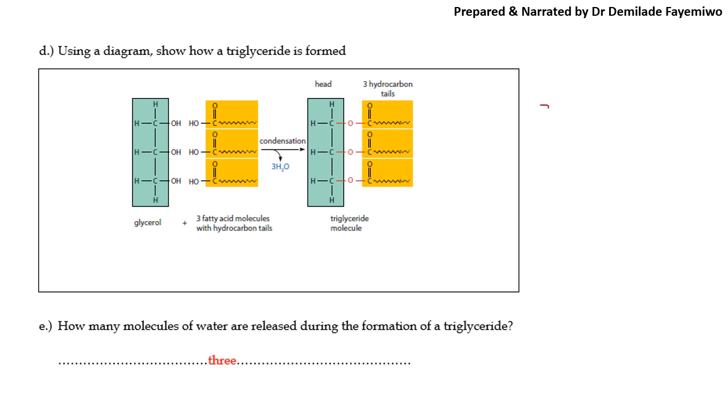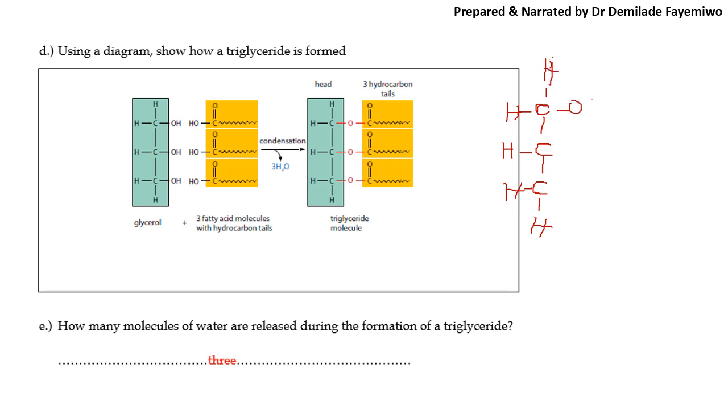So first of all, always remember that the alcohol that you react a fatty acid with is usually glycerol. Okay. It's usually glycerol. So you need to know how to draw glycerol, and that's exactly what I'm doing here.